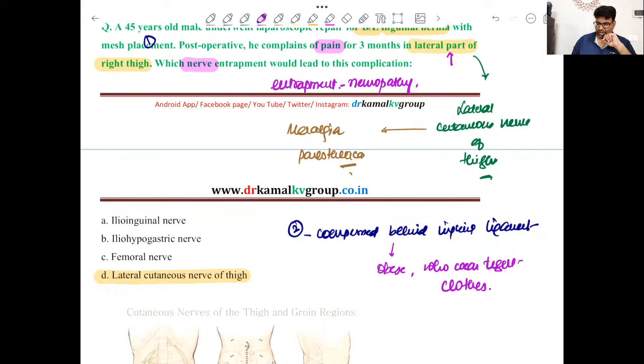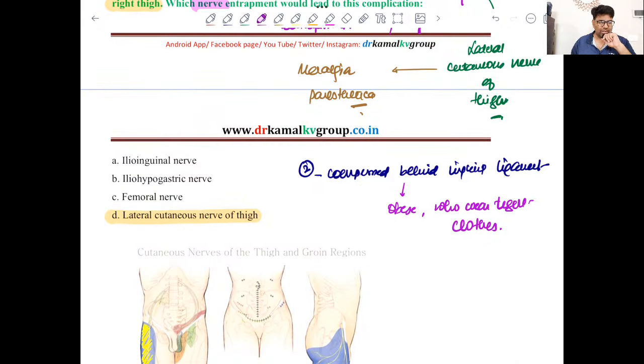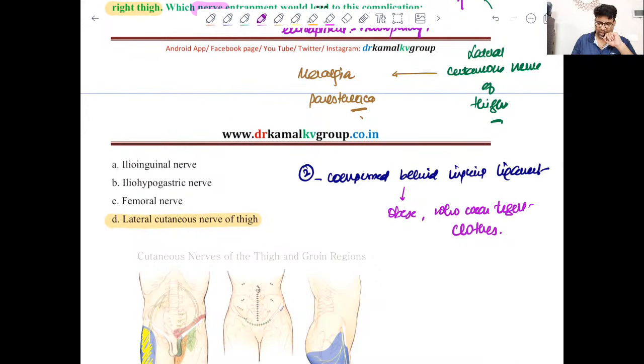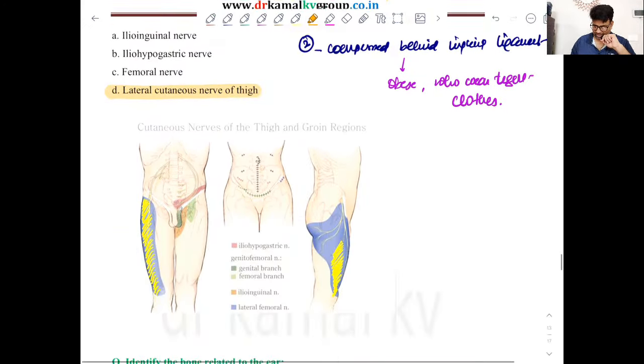That way there can be compression of this lateral cutaneous nerve of thigh behind the inguinal ligament, and the patient will come to you with this classical presentation. Yes KK, you are absolutely right, this is Meralgia paresthetica, right? A very common condition in clinical practice.